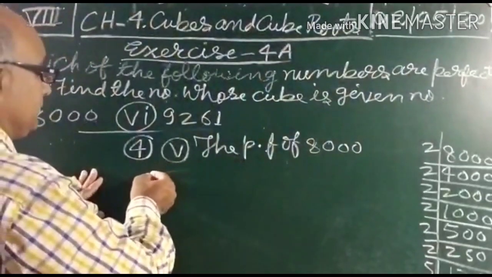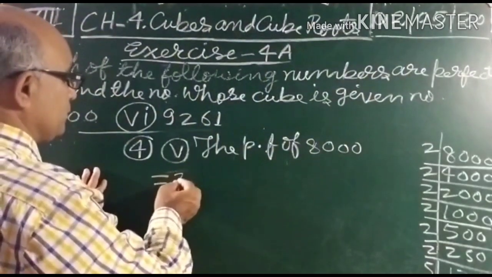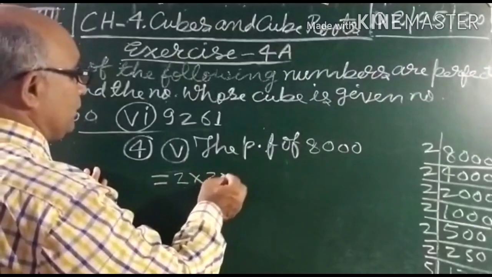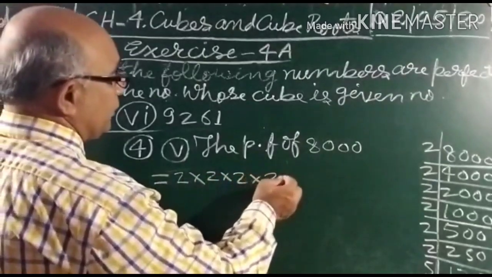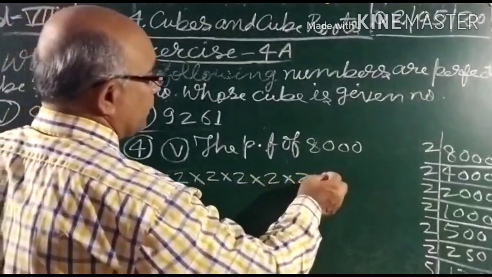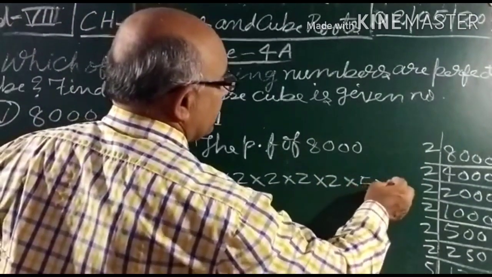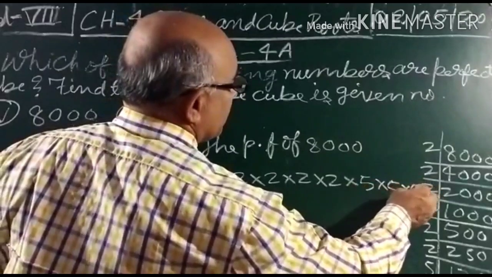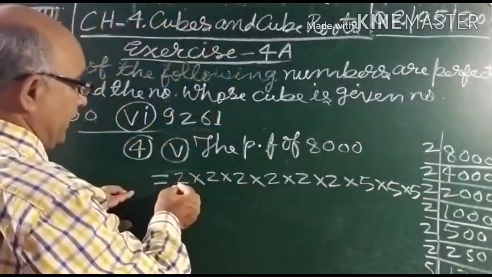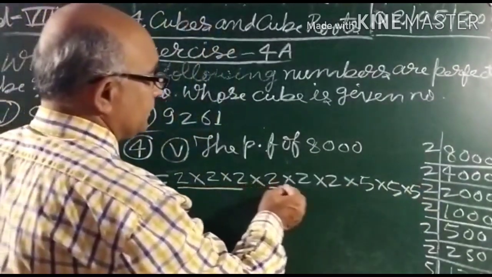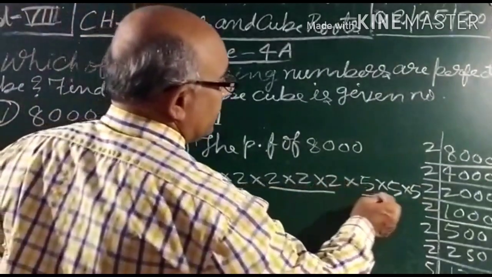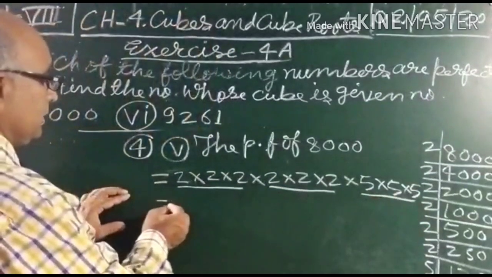Now right here, the prime factors are 2 into 2 into 2, again 2 into 2 into 2, now 5 into 5 into 5. Make a triplet: one triplet, second triplet and third triplet.